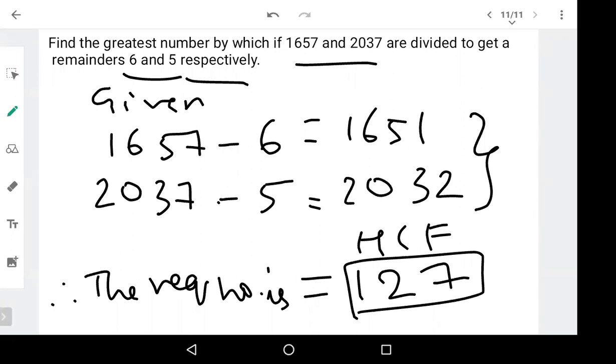Clear? Any doubts? Then let's go to the next problem.